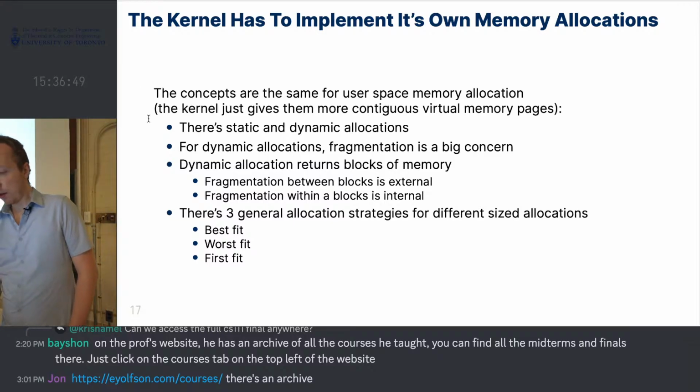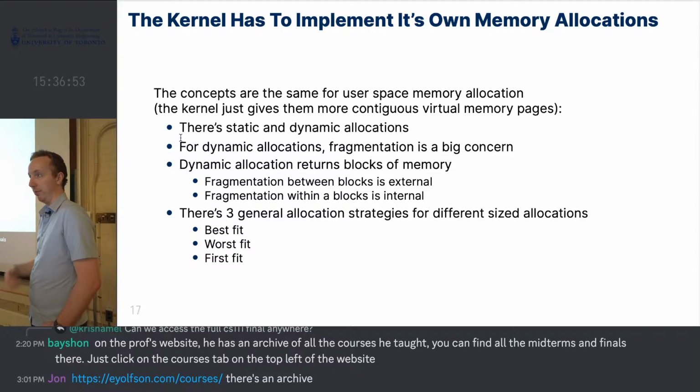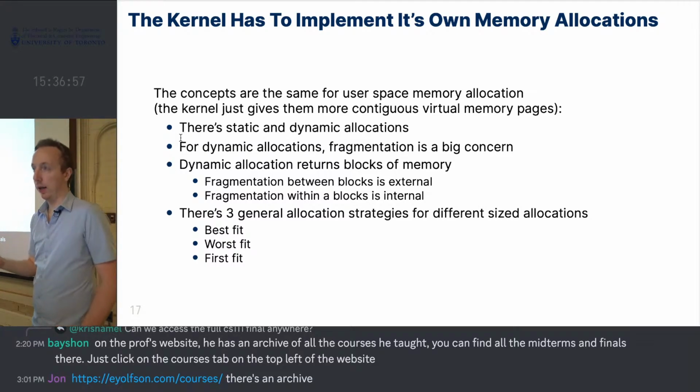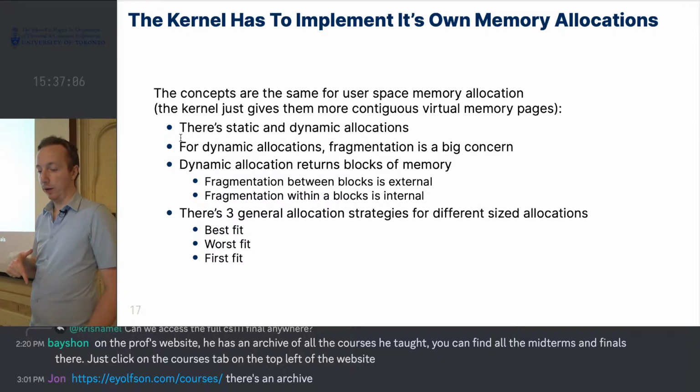So what we saw today: there's static and dynamic allocation. Static allocations are just global variables. They last as long as your program lasts. Dynamic allocation can either be stack or heap. For dynamic allocations in the general case, fragmentation is your big concern.